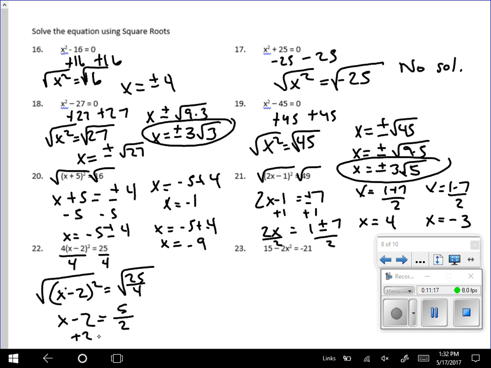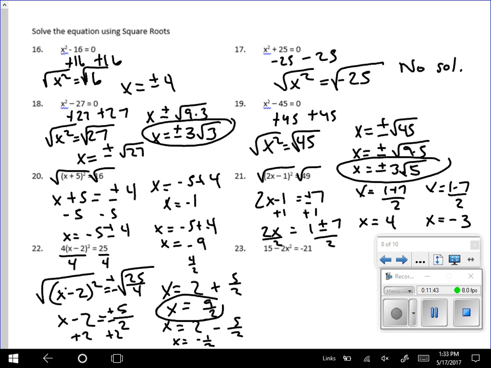Now I just need to add 2 to both sides, and I need a plus or minus. Almost forgot. Okay, so I have x equals 2 plus 5 halves, and x equals 2 minus 5 halves. So we got to do some math there. This would be 4 halves, so this would be 9 halves as our answer, and this would be 4 halves, so -1/2. So circle that and circle that.